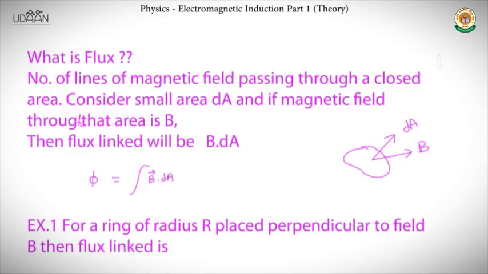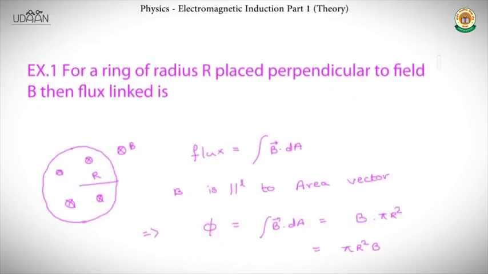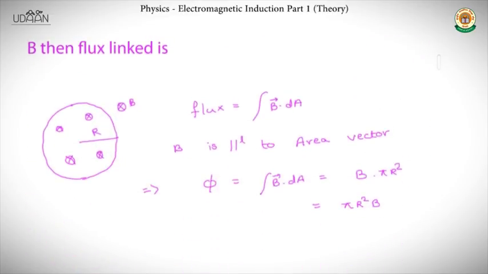I am giving you a simple example to determine the flux. See, in this example, we are going to calculate the flux linked with this ring. This ring is placed in a magnetic field, in such a way that the magnetic field is going into the paper.